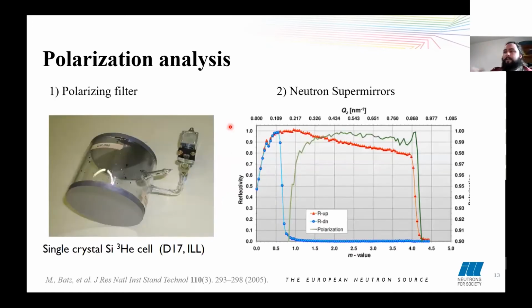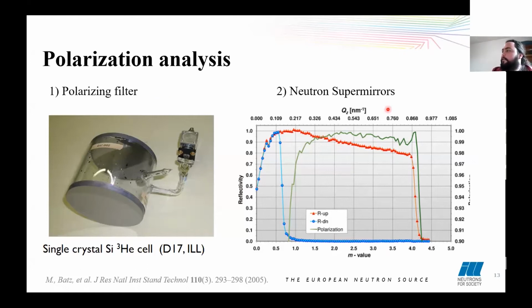So just briefly, two different types of polarizers. We've already seen how polarizers work, so these are just common examples. The first one is a polarizing filter, in which we use the spin-dependent property of the absorption cross-section of the helium. If the spin of the helium and the neutron are anti-parallel, the absorption cross-section is large. If both of them are parallel, the absorption cross-section is low, and the neutron goes through the cell virtually unchanged.